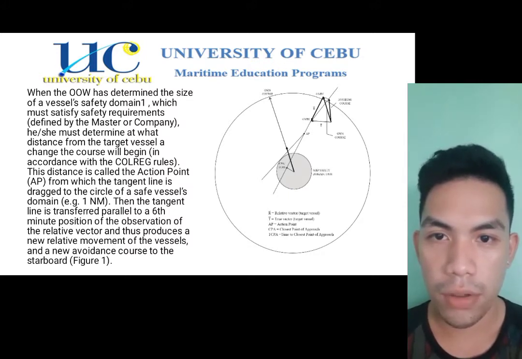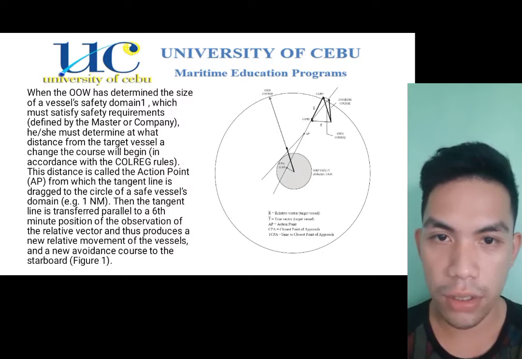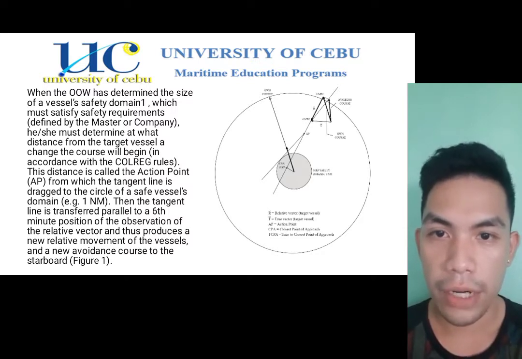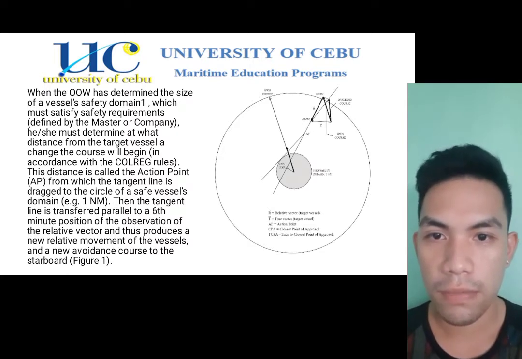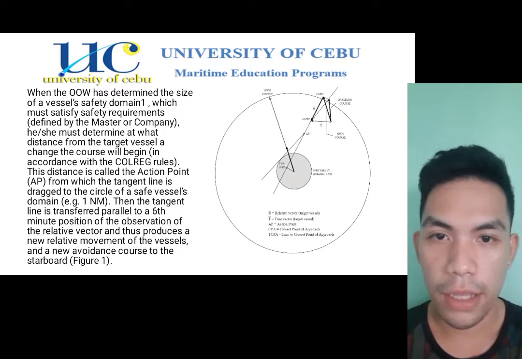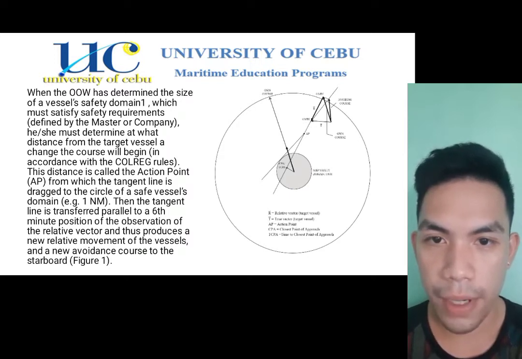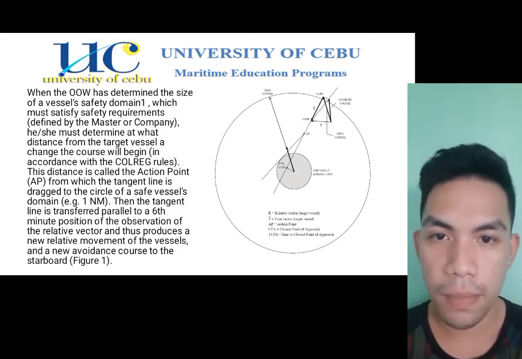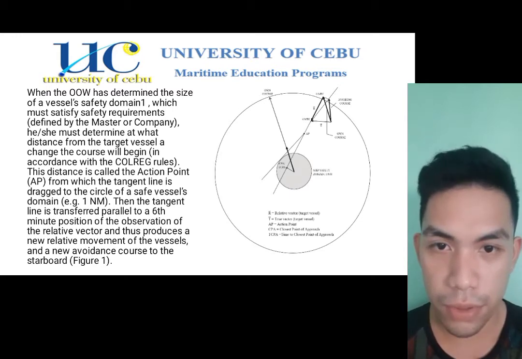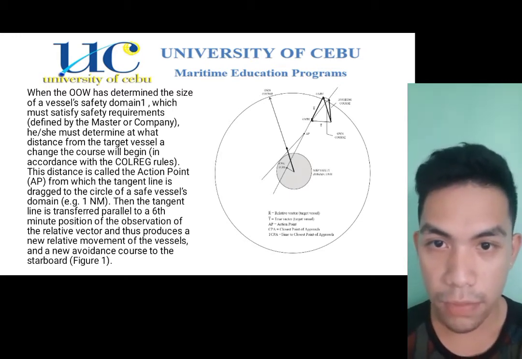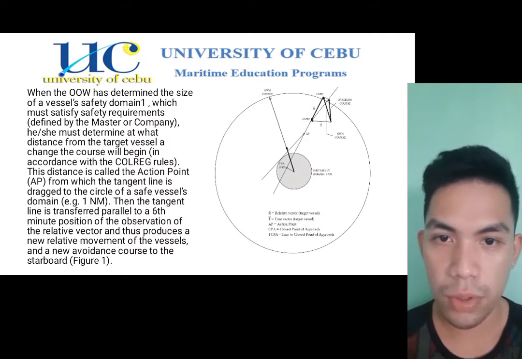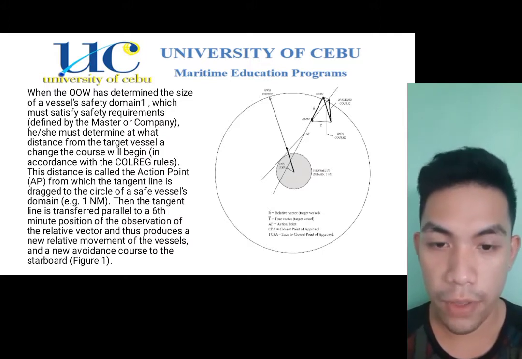In accordance with the COLREG rules, this distance is called the action point or AP, from which the tangent line is drawn to the circle of the safe vessel domain. Then the tangent line is transferred parallel to the 6-minute position of the observation of the relative vector, and thus produces a new relative movement of the vessel and a new avoidance course to starboard.